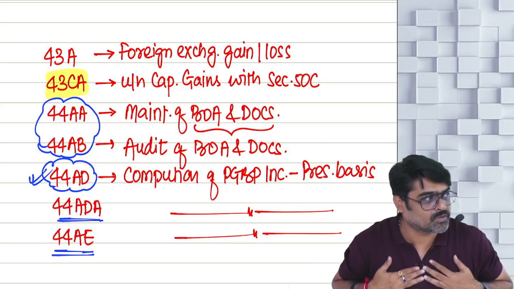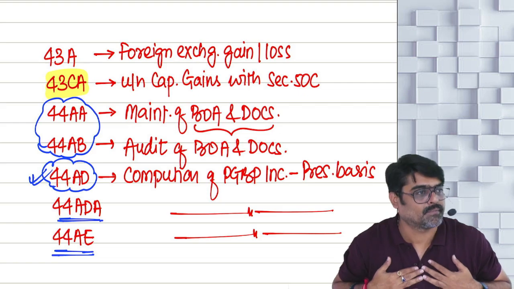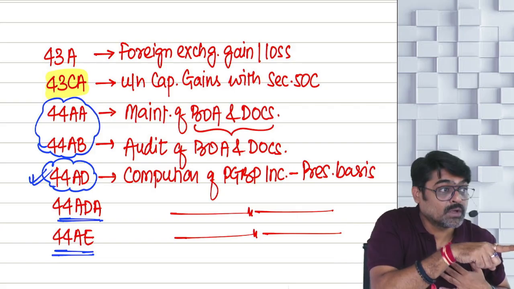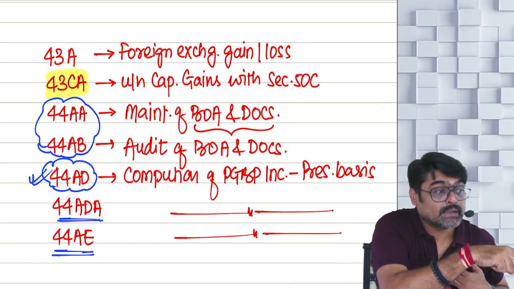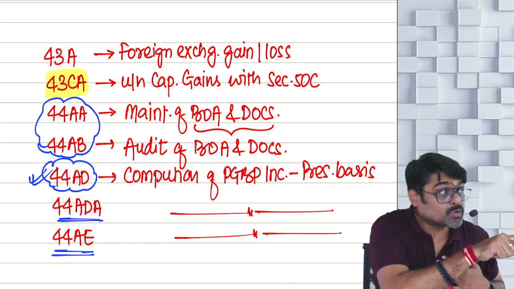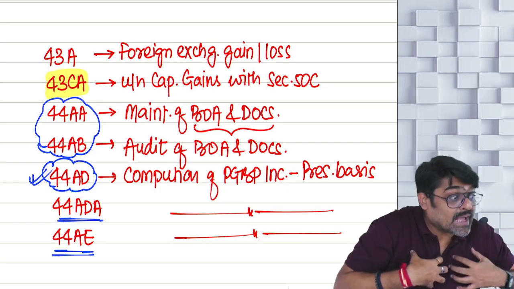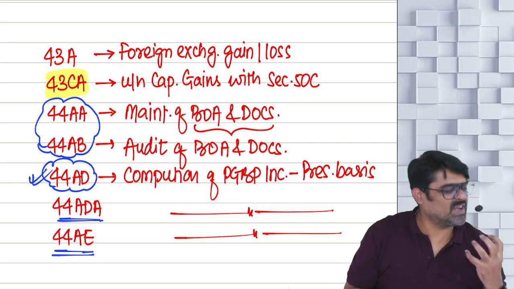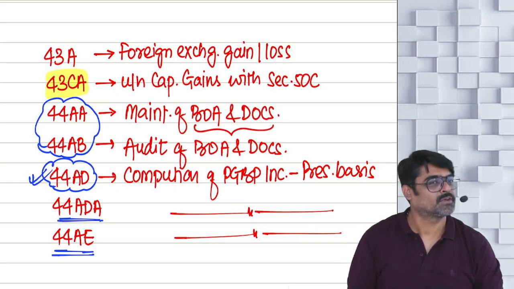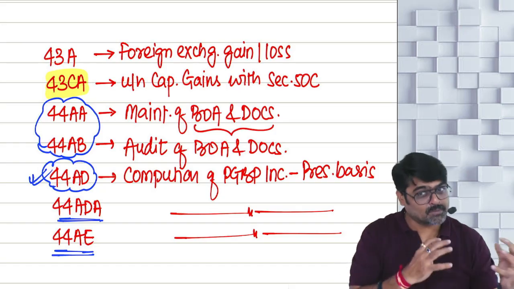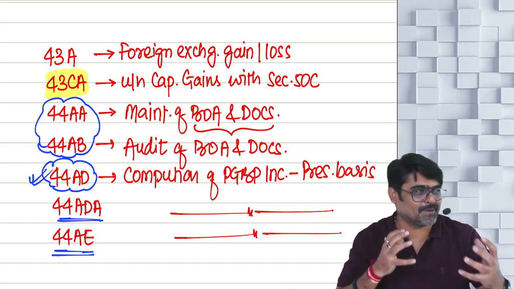So get your books audited. Whenever we want, we can ask for your books, and those books should be genuine. Those books should not be manipulated. We can rely on those books. So who will give the assurance to us that your books are genuine, that your books give a true and fair view?